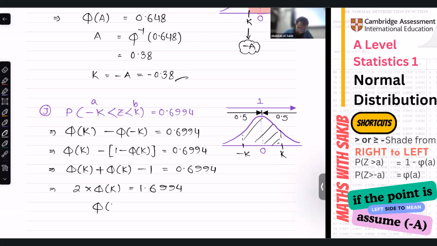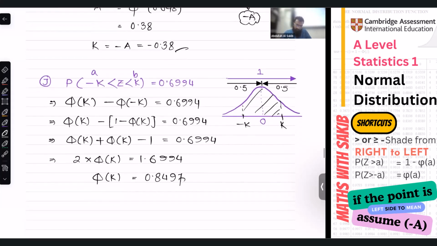So phi K equals 1.6994 divided by 2. That is 0.8497. Clear? So now find the value of K. K equals phi inverse 0.8497.